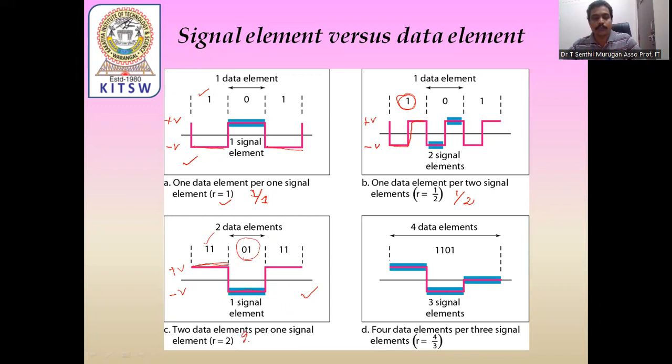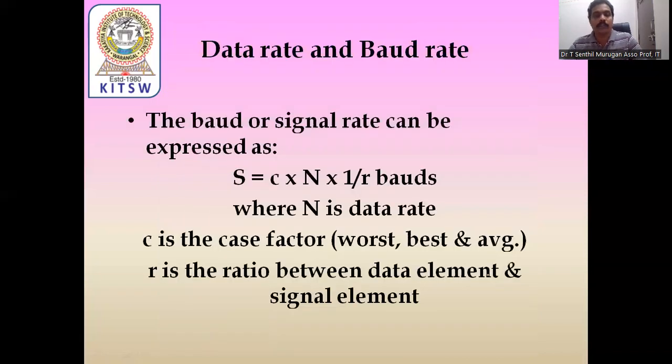So what is the value? R equal to 2 by 1. Here you see 4 data elements used for 3 signal elements: 1, 2, 3. So 4 data elements by 3 signal elements, R equal to 4 by 3. Just remember how to calculate the R value.